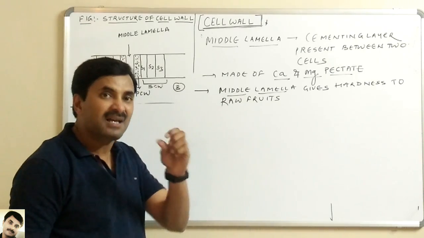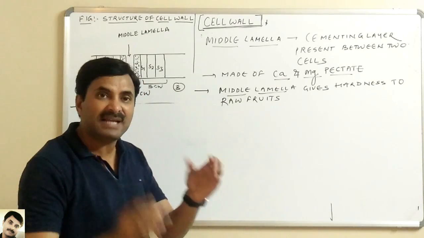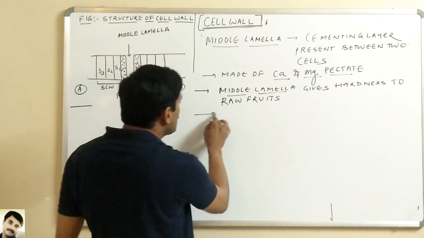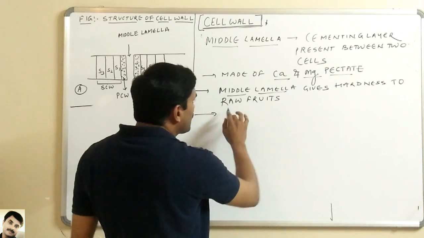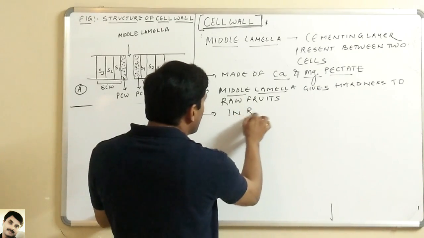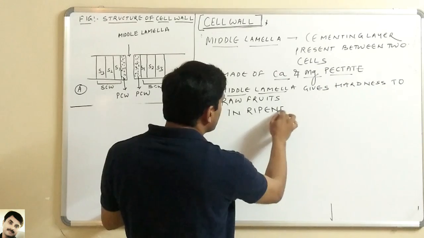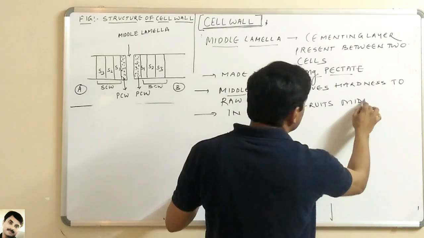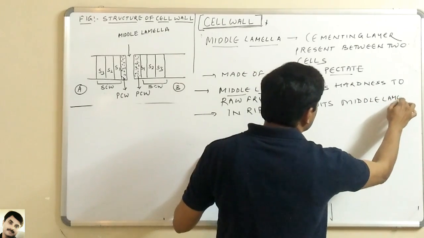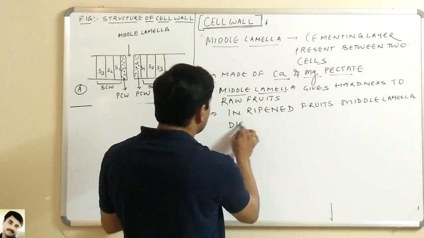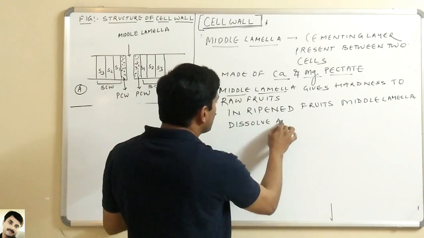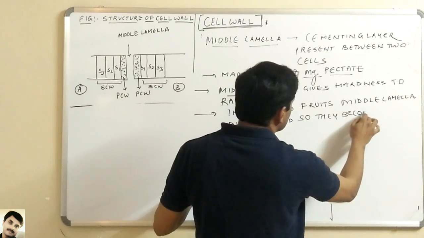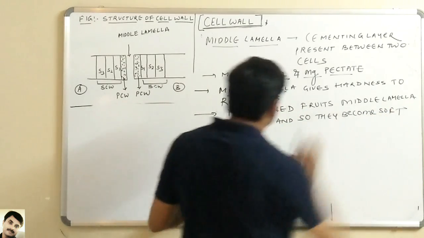If you have seen an unripe mango, you can see that it is very hard. It is because it has the middle lamella. But as soon as the fruit ripens, the middle lamella dissolves. In ripened fruits, the middle lamella dissolves, and so they become soft.